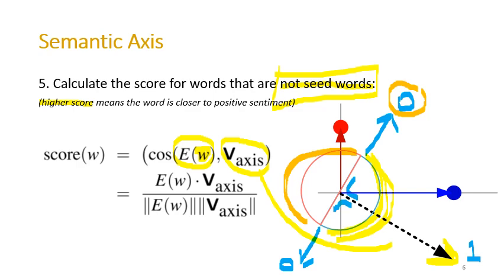And then by using the cosine similarity, you can also have the score whether the word is positive with 0.91 or positive with just 0.05. So of course you can say the word with similarity 0.91 is more likely to be really positive compared to the other word with the similarity of 0.05. Okay, so that is how the semantic axis method works.